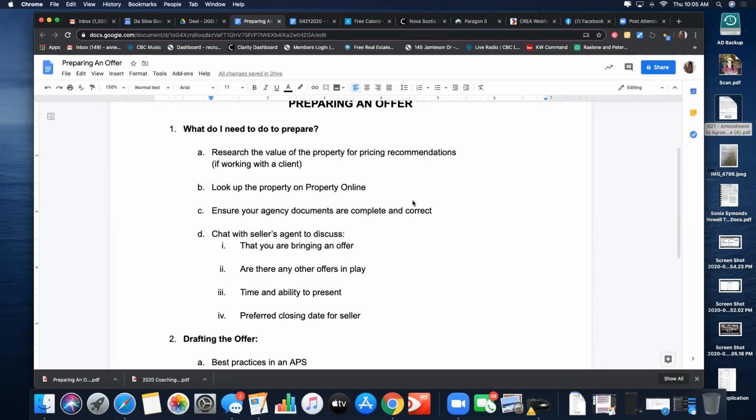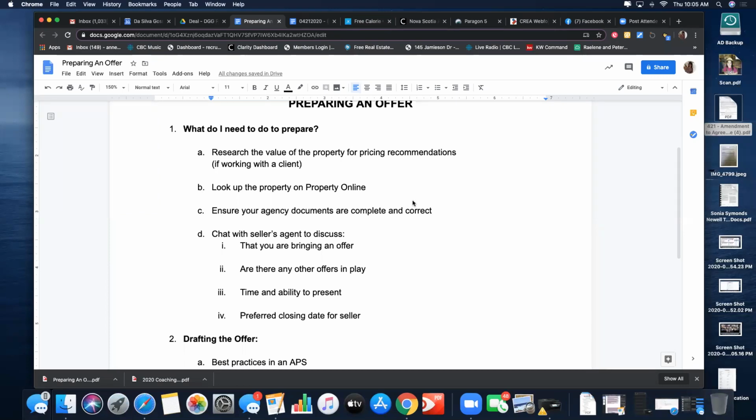Okay. So on that note, the first thing is that when we have a client who wishes to purchase a property, we should be doing the equivalent of a CMA on that property. We need to be verifying what would be a recommended price, what's the history of the home, is this the right offer price for your client. Now, this is all assuming that you're not in the middle of a bidding war.